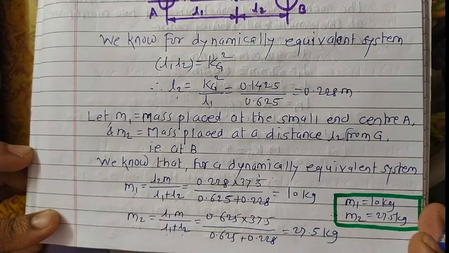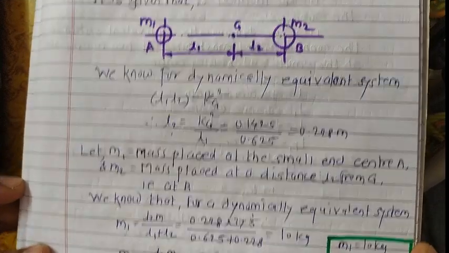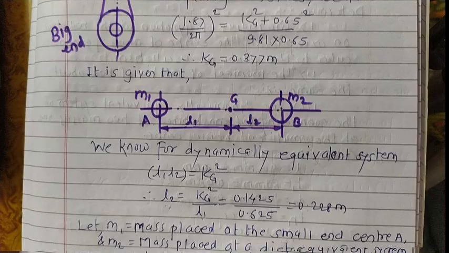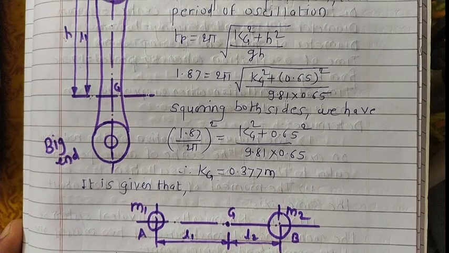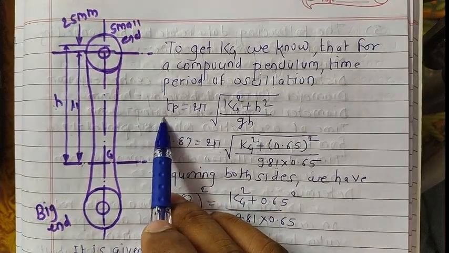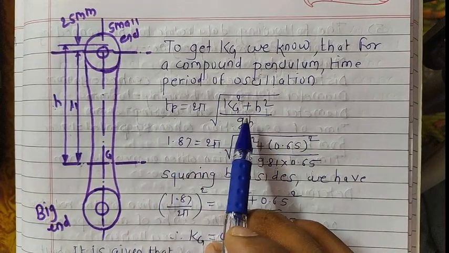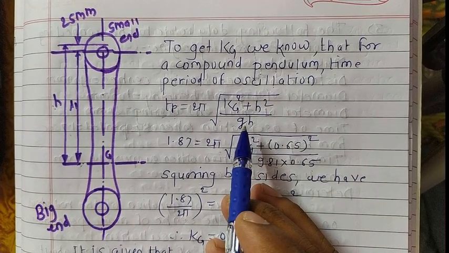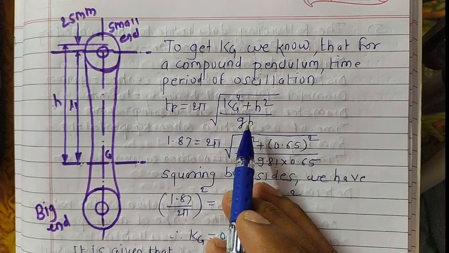So what is the difference between the previous problem and this problem? In this problem the time period is given. Whenever the value for the time period is given, try to use the formula relating the time period and these quantities. We have already seen the formula for the compound pendulum earlier during the engineering mechanics subject.